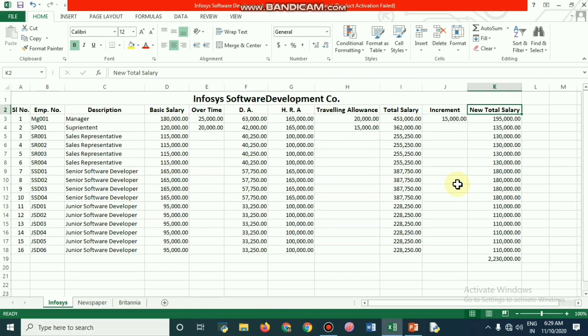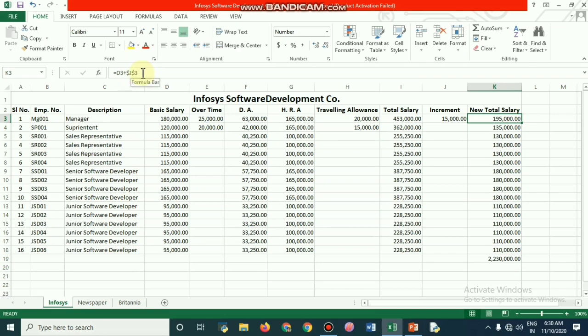So accordingly, what is the change? When you put a formula here, the cell address, that means the increment amount, did not change at all. So you could insert a dollar sign in front of the cell address.